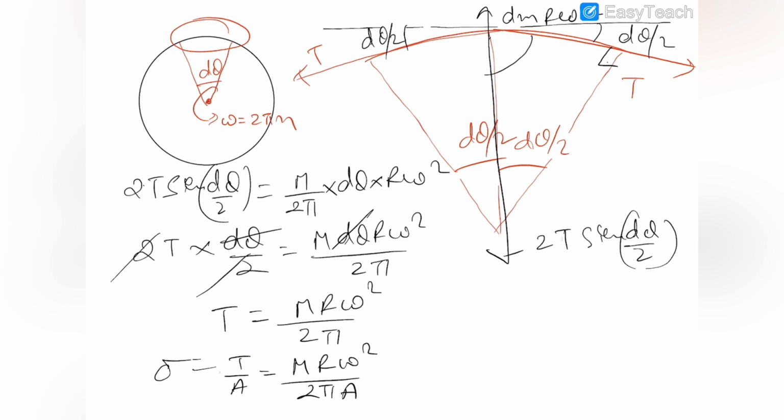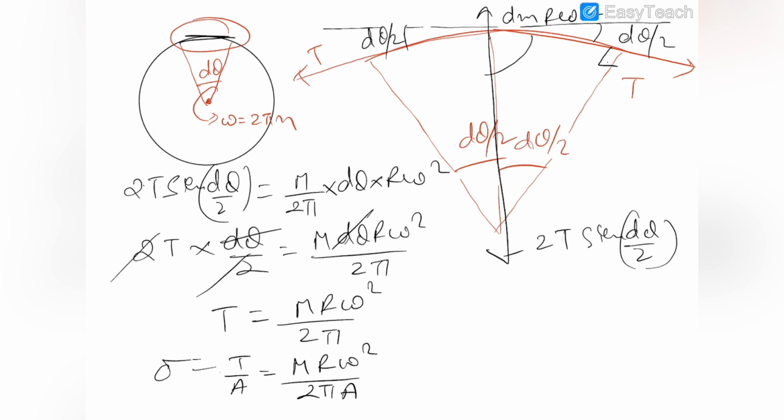This stress will be acting on each small part of this wire, and let us suppose that this small length of the wire is r d theta, which is dx obviously, and the extension in this part is dy. So I am assuming this length as dx and the extension produced in this length will be dy.